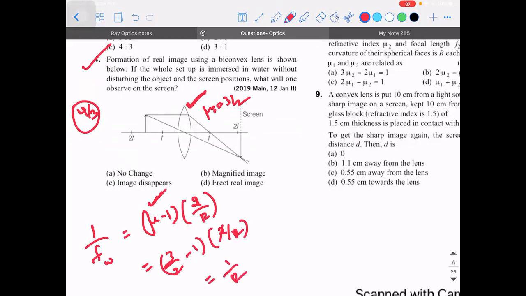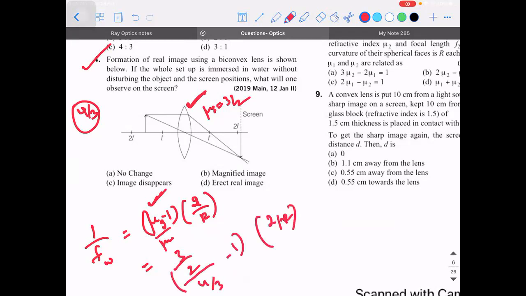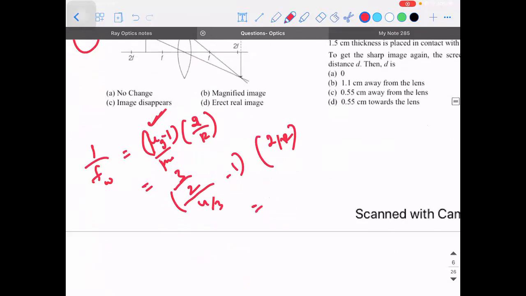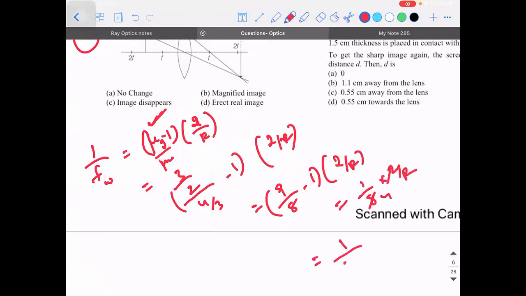It is actually mu g divided by mu w. Mu g is 3 by 2 divided by 4 by 3, minus 1, into 2 divided by r. So how much will you get? 9 divided by 8 minus 1 into 2 divided by r. That is 1 by 8 into 2 by r. Cancel it 4 times. So you'll get 1 by 4r. So that is 1 by fw.